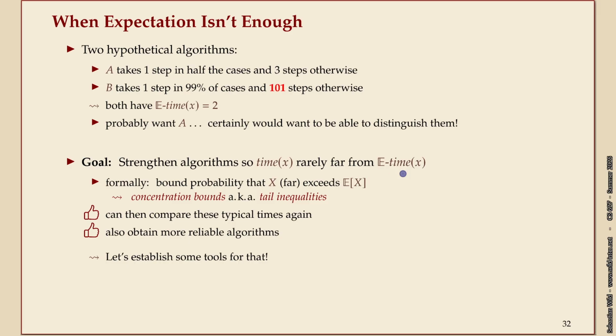But also a robust performance is anyways desirable. Formally, what we'll do is concentration bounds. We'll try to say that a random variable is not too far from its expected value. That's what this chapter is about. And then if we can achieve that, we're happy both from the practical side and from the theoretical side.